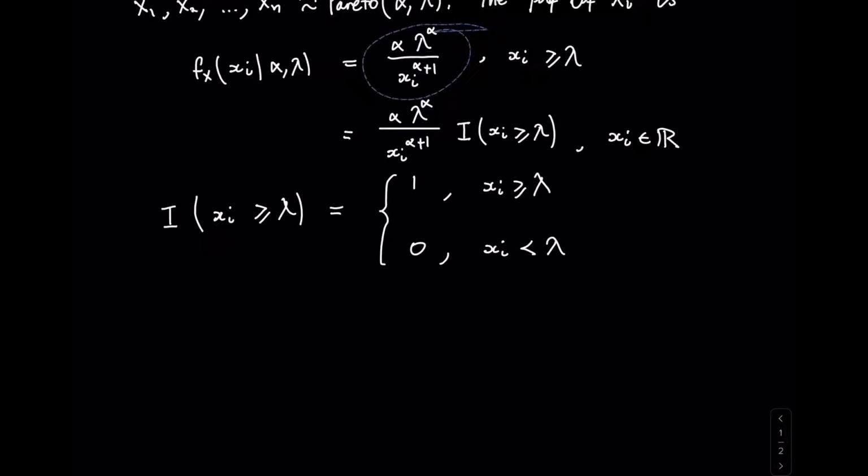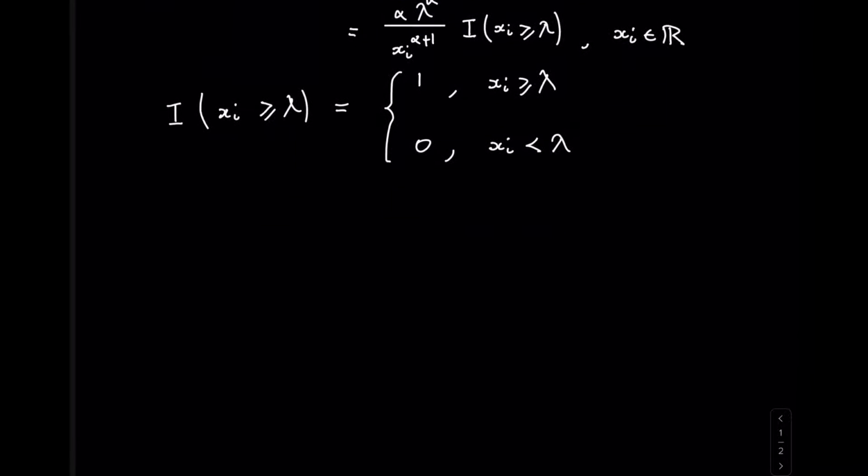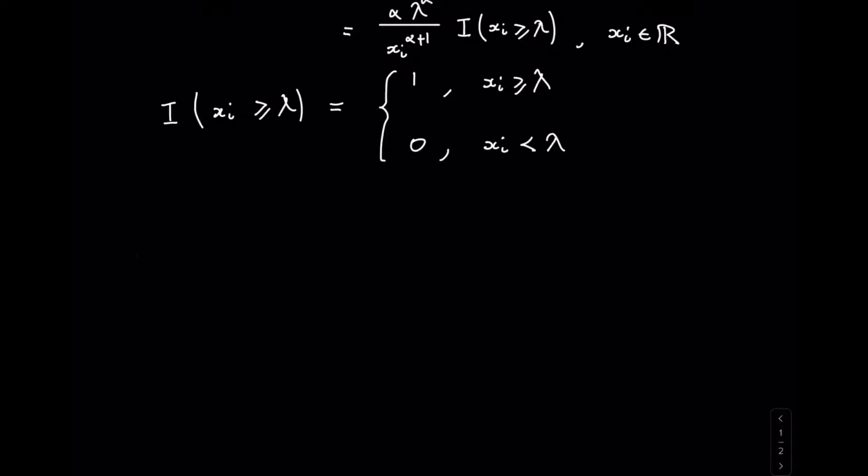So, let us now derive the likelihood function. The likelihood function, L subscript n, of the parameters alpha, lambda, given our vector of data x, noting that x is equal to a vector of observations x1, x2, all the way to xn.